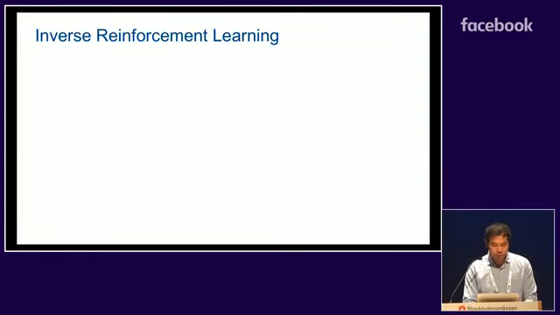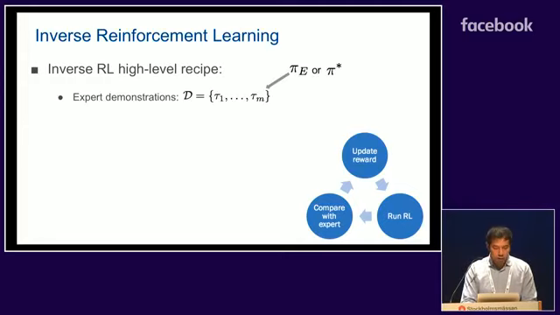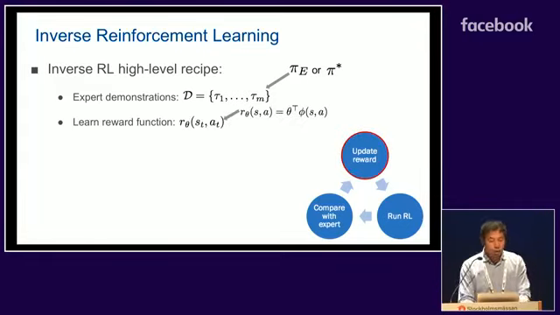the expert. So we'll dive into the technical detail of a few algorithms, but here is a general recipe for inverse reinforcement learning. We start with some demonstrations from the expert. The expert generally is assumed to be optimal or near optimal. And then we parameterize our unknown reward function R by theta. And we start out with a simple case where the reward is a linear function of known features.